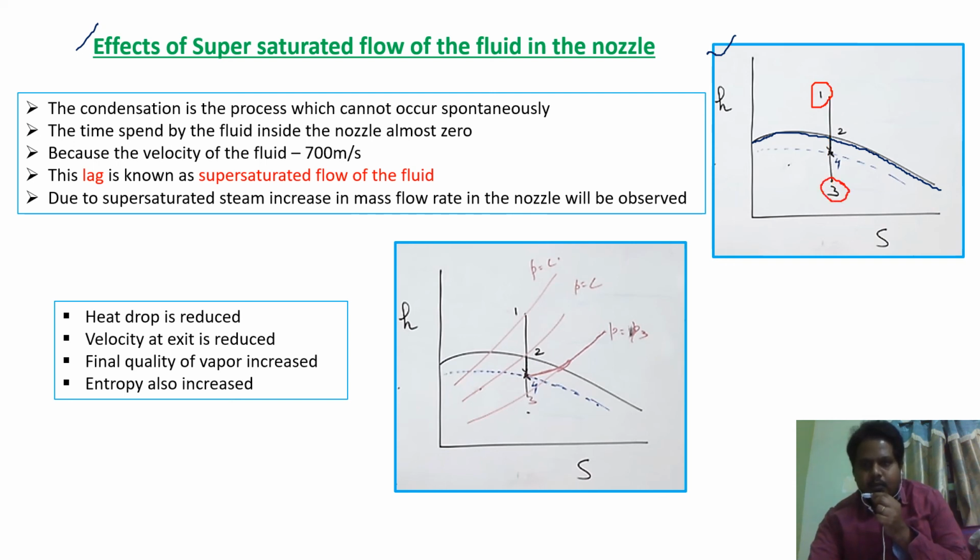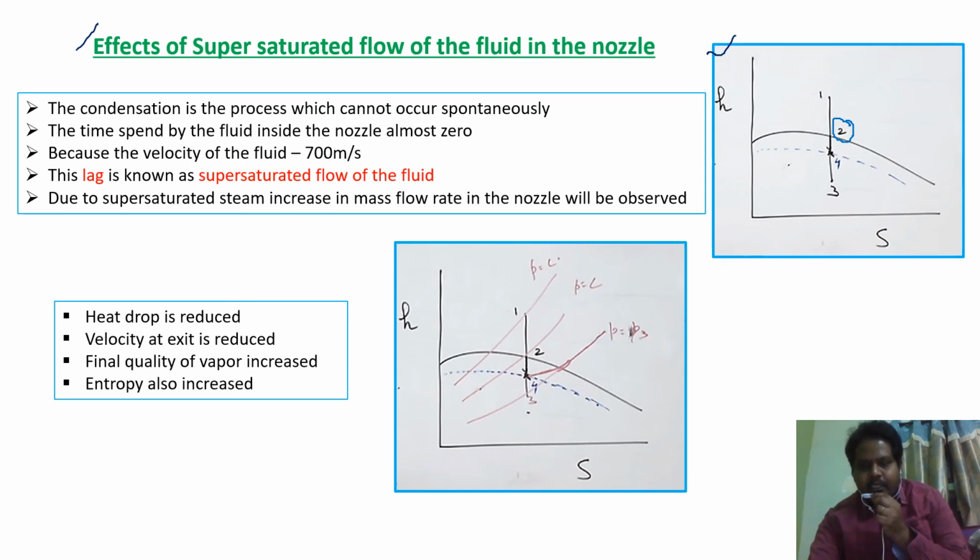Now when steam flows inside the nozzle, there will be condensation. Actually the condensation should start at point 2 because this 2 is near the saturation curve. Below the saturation curve there will be condensation.